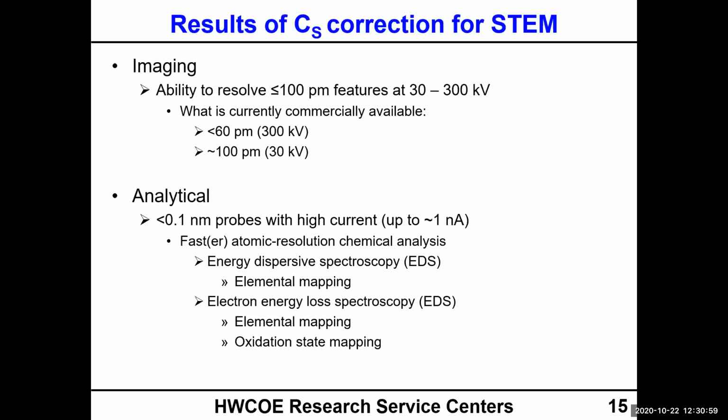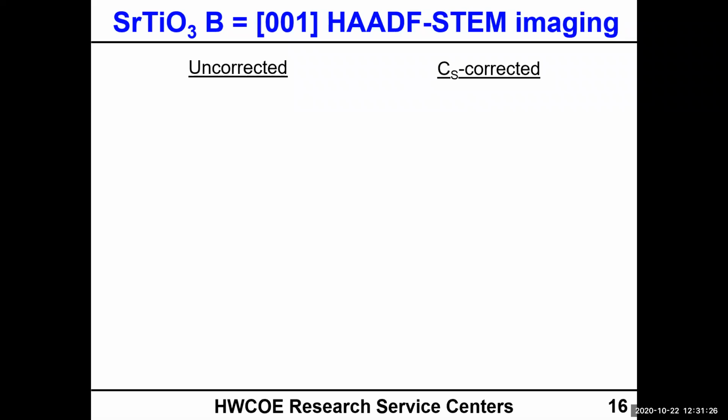I say faster because technically, when the first atomic resolution chemical analysis was published, it was done with a non-corrected tool. It is possible today as well to do atomic resolution chemical analysis with a non-corrected tool, but it is easier and faster to do it with a corrected tool, using either energy dispersive spectroscopy or electron energy loss spectroscopy. So we're going to start looking at some images here.